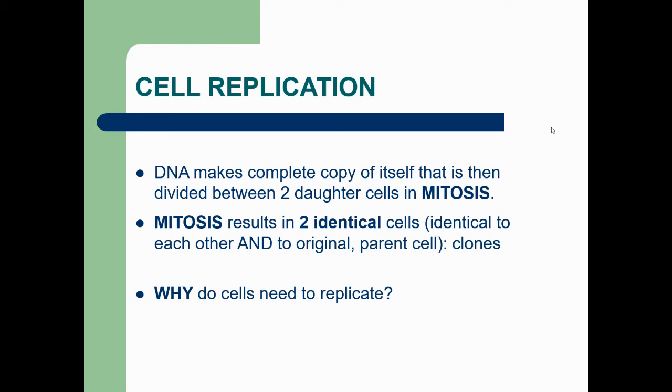So mitosis is used for growth, to repair and replace damaged cells, and it can also, for single-celled organisms, be used for reproduction. So many single-celled protists will undergo mitosis. They'll make an exact clone of themselves, and that's how their population increases in size.